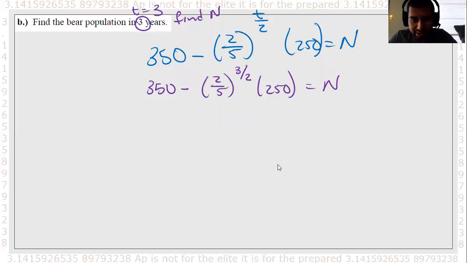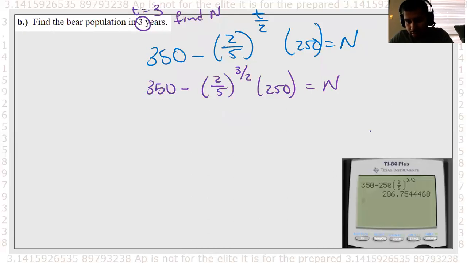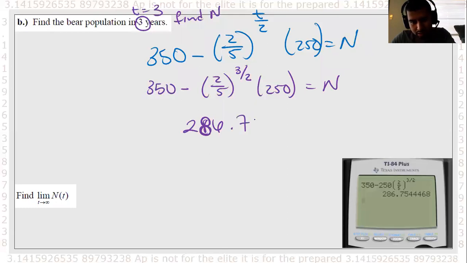This right here, guys, is a calculator question. I got 86754 bears on my solution. The question didn't say to round, so I kept it to 3 decimal places.